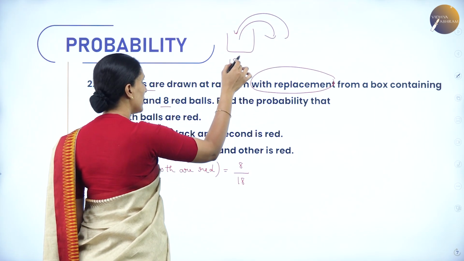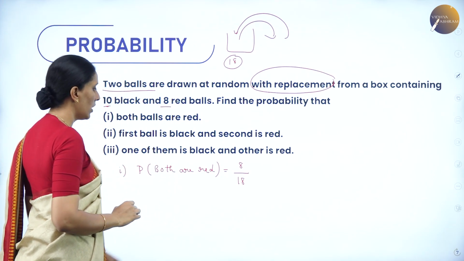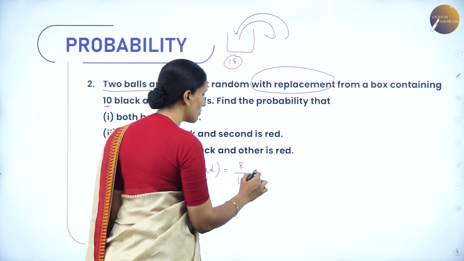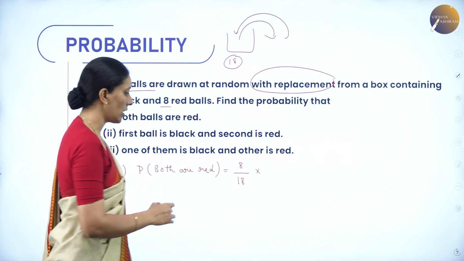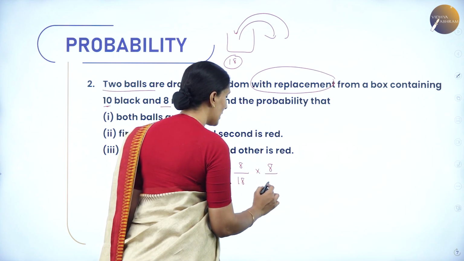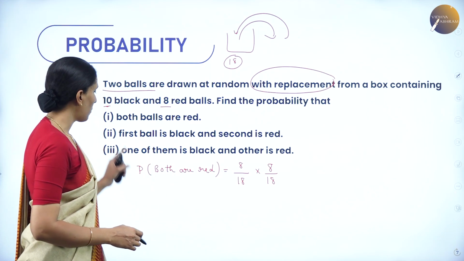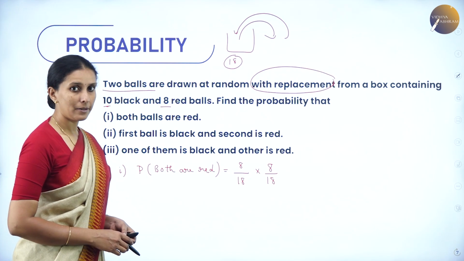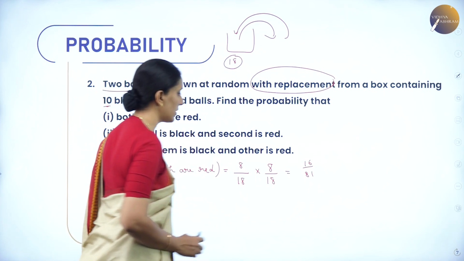So again there are 18 balls where 10 are black balls and 8 are red balls. Now I have taken the first drawn ball as red, again the second drawn ball. So using multiplication theorem on probability, we need to take the product here. Once you replace it back, again we are left with 8 red balls out of 18. So therefore, the total probability that both are red is 8 by 18 into 8 by 18. On solving this, we'll get the value as 16 by 81.